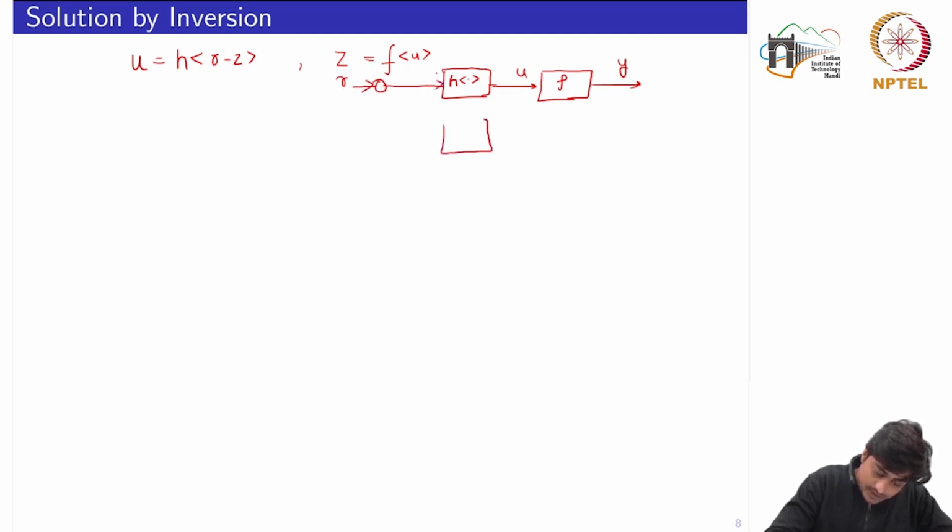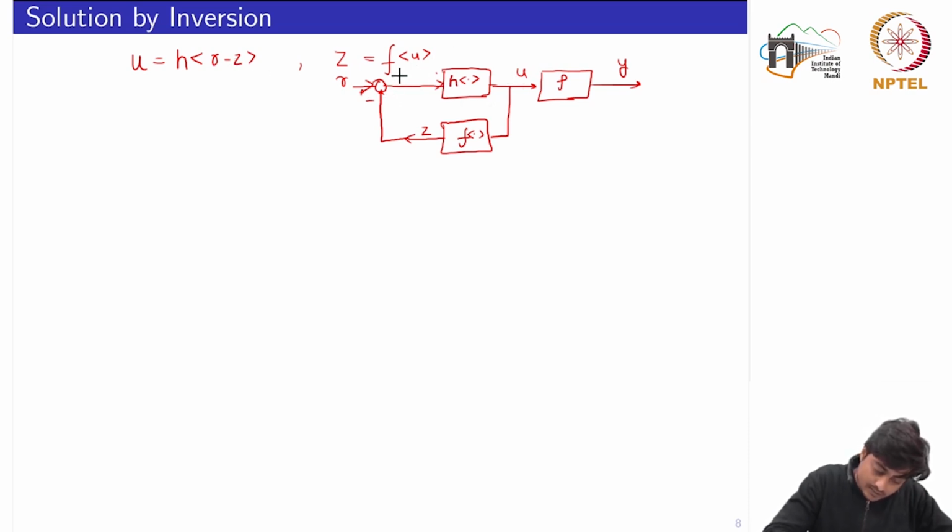and we define a representation of the plant which is represented by this function f, and this part is z. Okay, and it is being fed to here. So here we have plus minus z. So if you see, u now becomes equal to h, which is a function of r minus z.